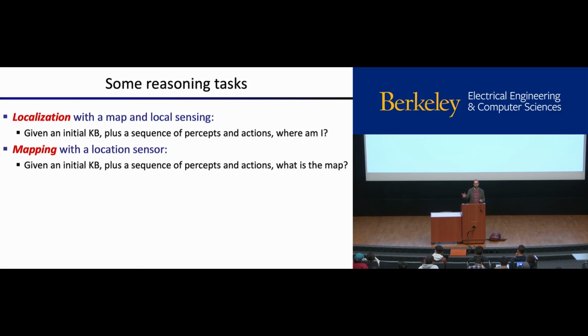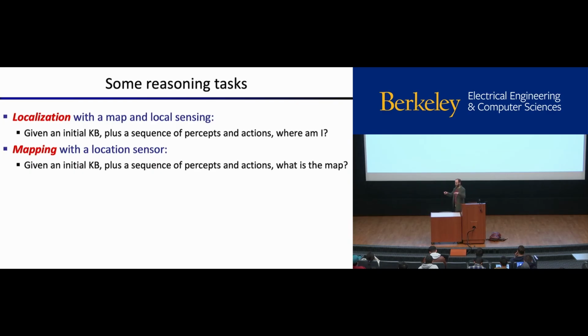Or we can do kind of the inverse of that. Let's say we know where we are, but we don't know the map. Given an initial knowledge base and a sequence of percepts and actions, what is the map? If I don't know where the walls are, but I know where I am, or I assume where I am even, then I see a wall here. Okay, there's a wall there. I move here. I see a wall, there's here and here.